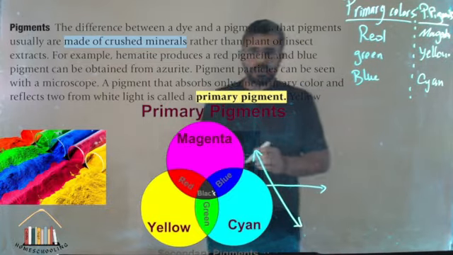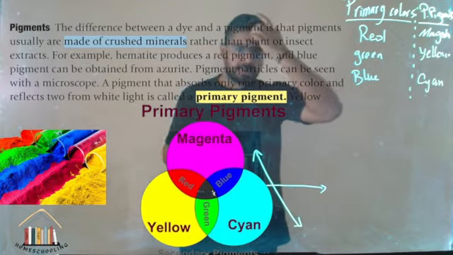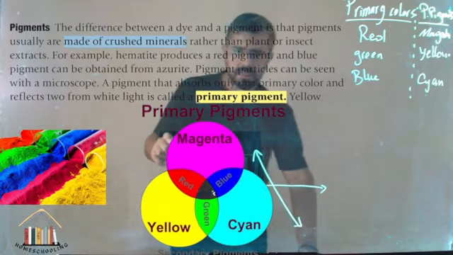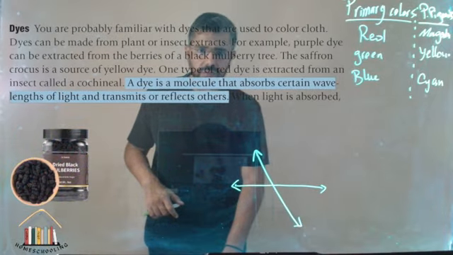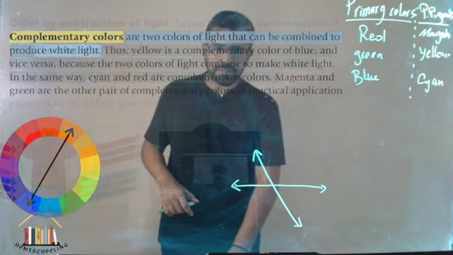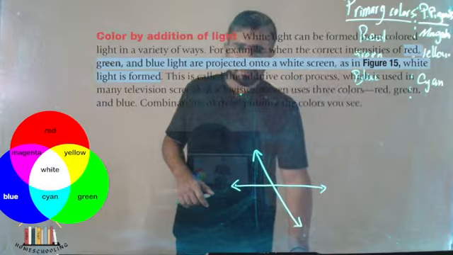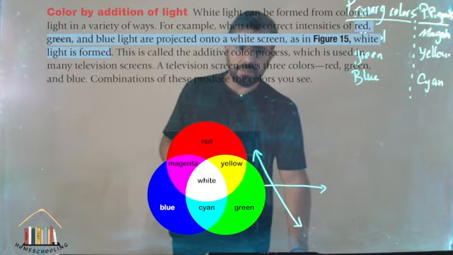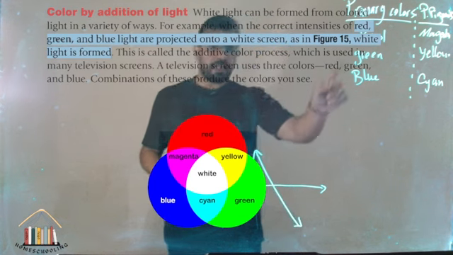So these are the differences between primary colors and primary pigments. If you can go back to this slide, if you notice, the red, the green, and the blue are the primary colors.